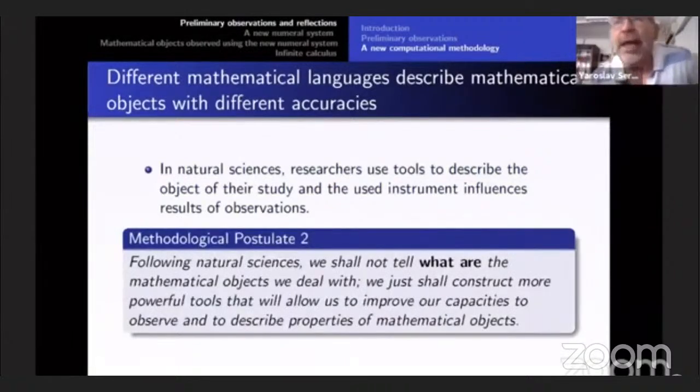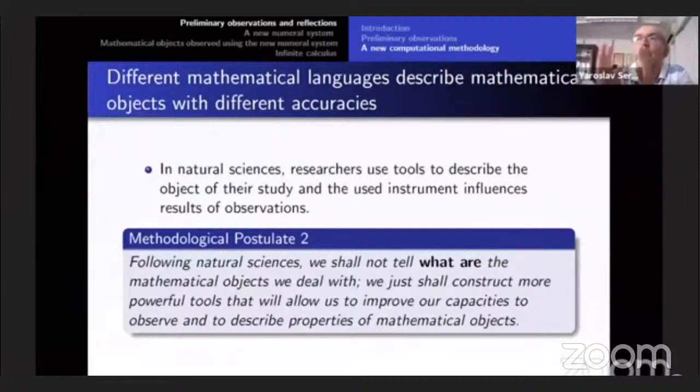We will follow natural sciences, and we shall not tell what are the mathematical objects we deal with. We just construct more powerful tools that will allow us to improve our capacities to observe and to describe properties of mathematical objects. So we always will separate mathematical objects from the tools used to study the objects.